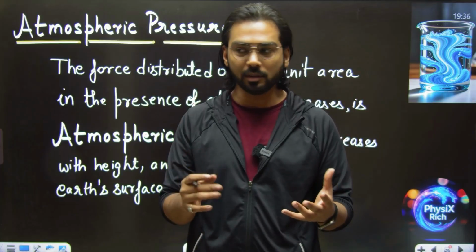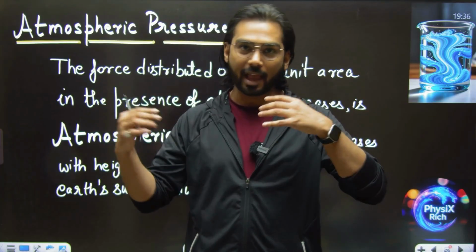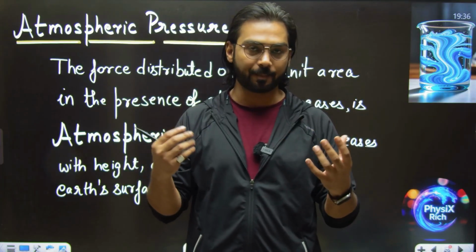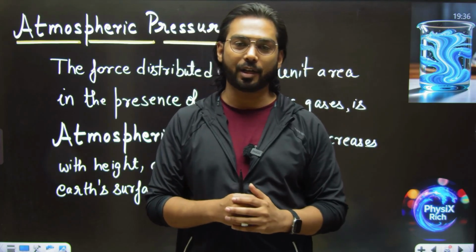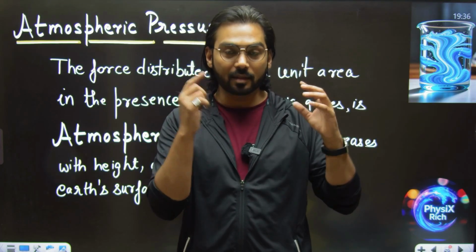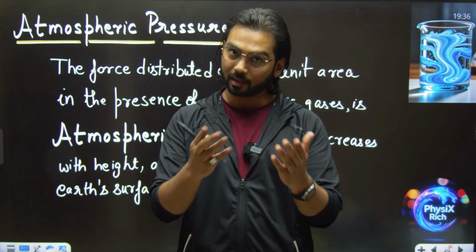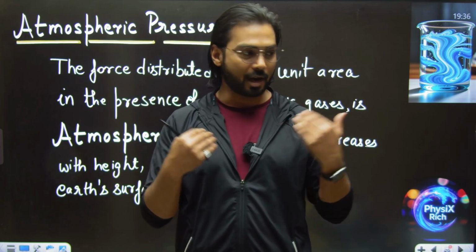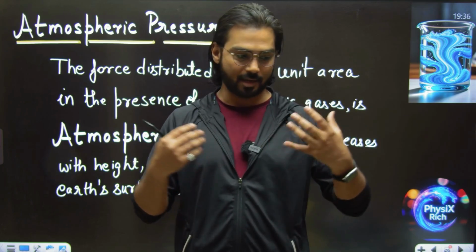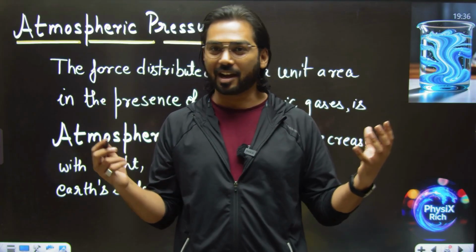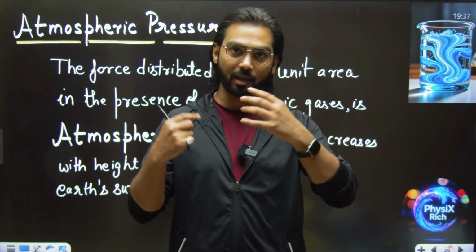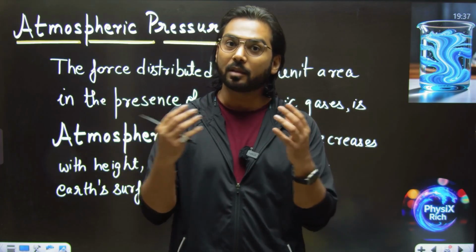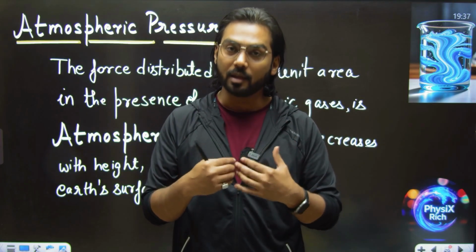These molecules, they hit everything around them. If there's an airplane at a very high altitude, these molecules would be hitting the surface of the airplane, causing a pressure. Around me, there are air molecules, and these air molecules must be hitting me from all directions, causing a force on me.